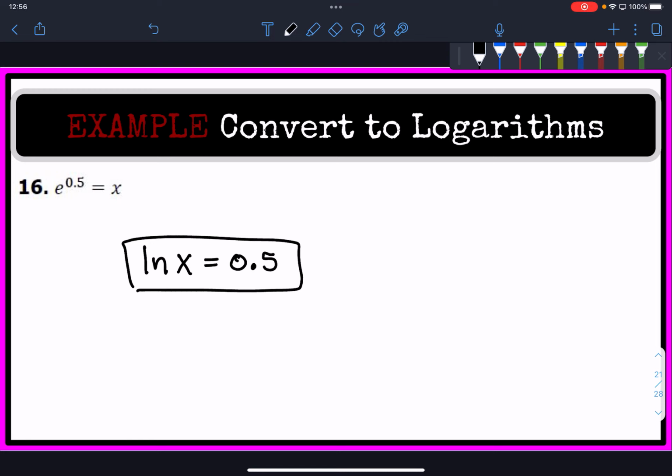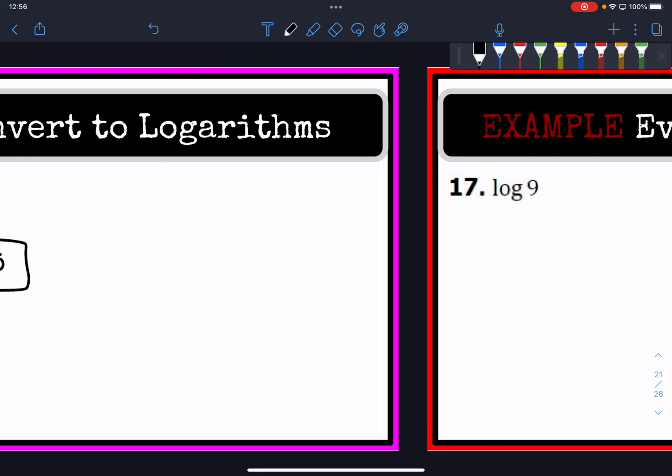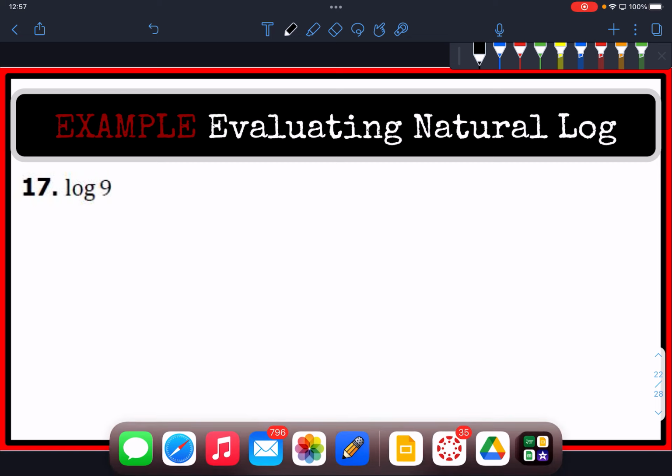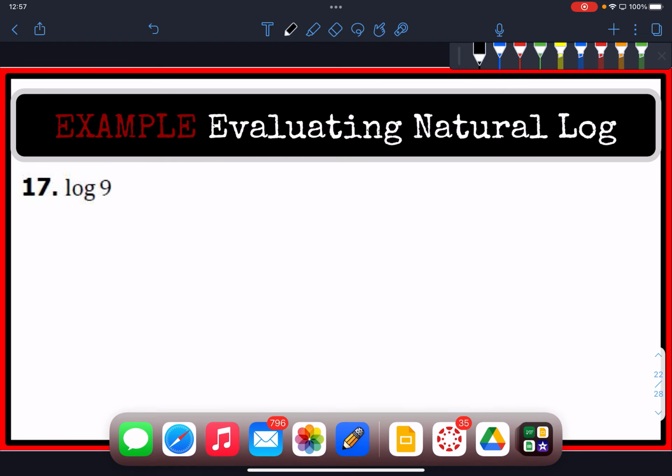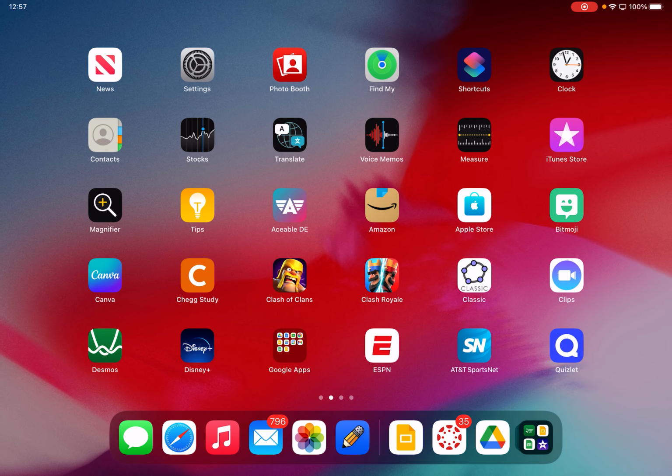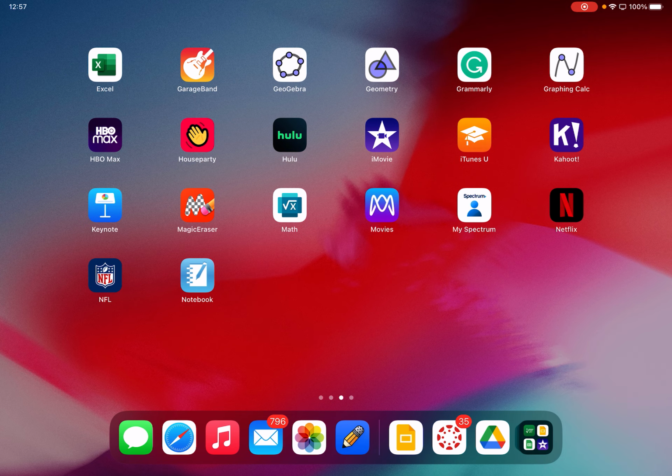Now, to evaluate logarithms, you'll notice that on most calculators, even on our Desmos calculator, there is a logarithm button. So for example, let me get my Desmos calculator here.